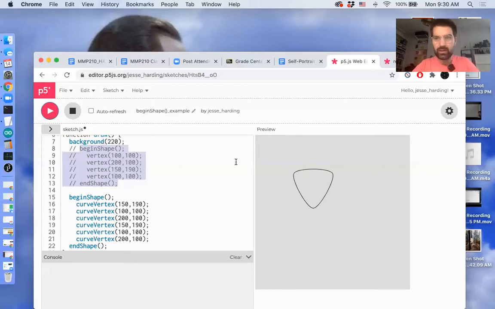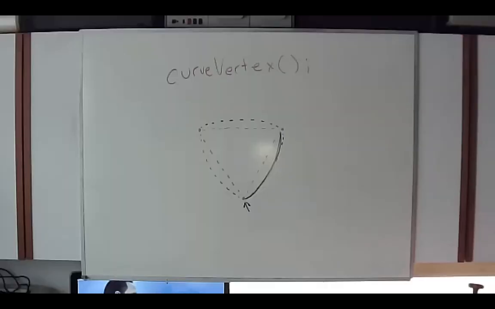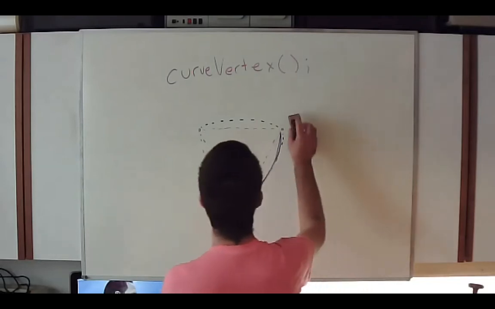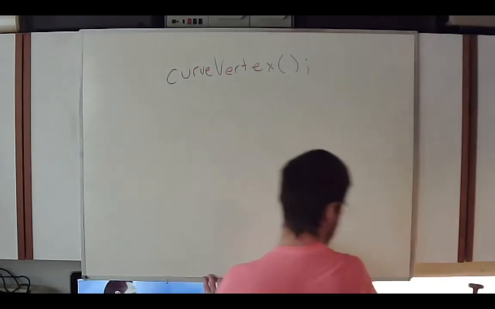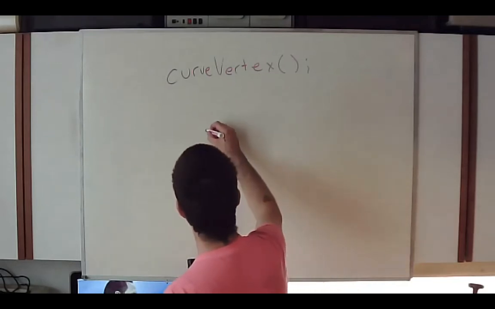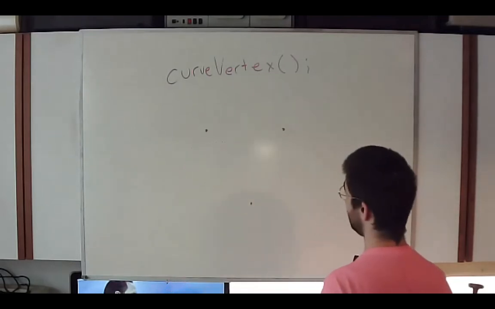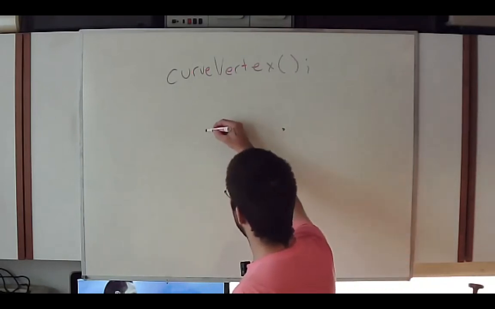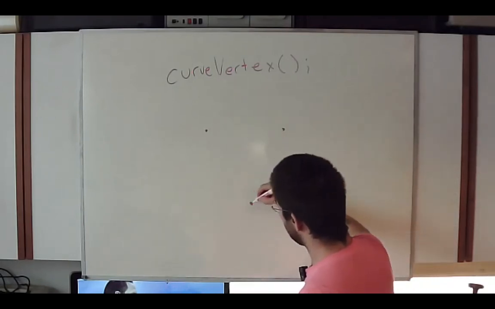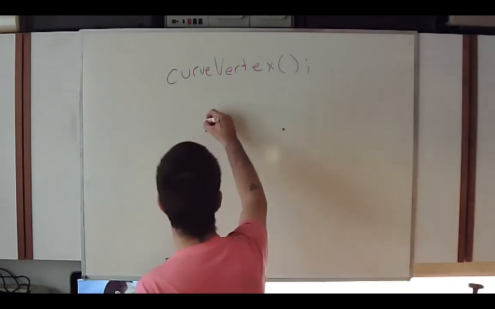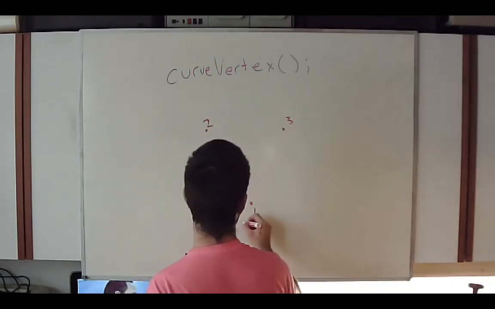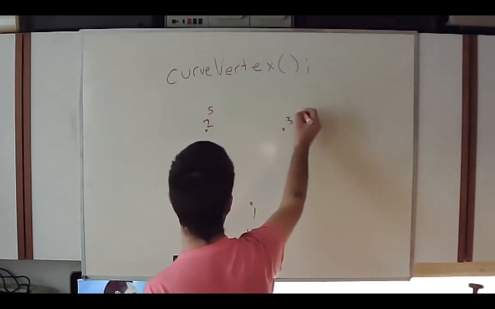So I'm just going to go back to the board really quick, I'm going to draw kind of what we were doing one more time. Okay, so let me just erase what I have here. So we have the 3 points of our triangle. And so we have to start here. So 1, 2, 3, 4, 5, 6.